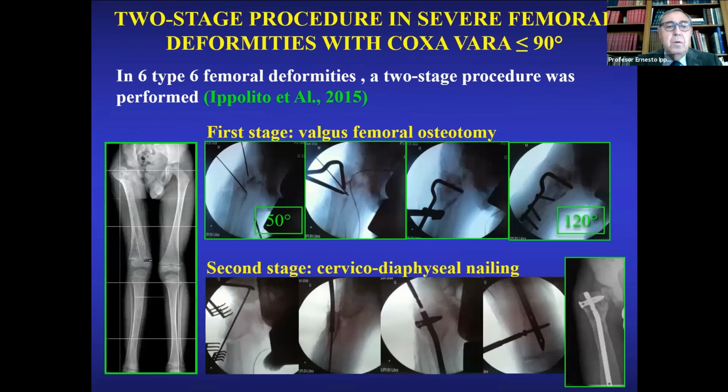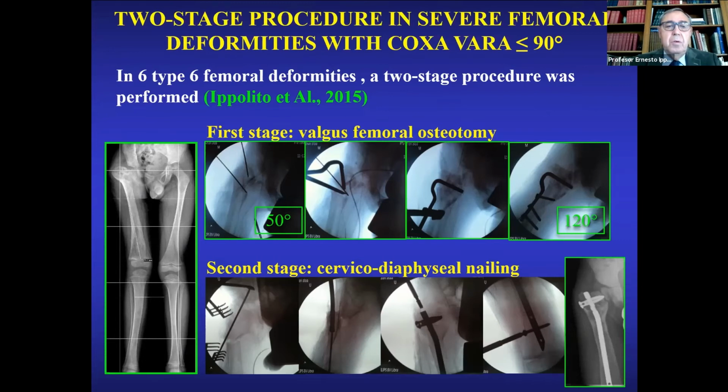We performed a two-stage procedure in 6 type 6 femoral deformities, and you can see here a typical case with a severe coxa vara with a neck shaft angle of 50 degrees. Two K-wires are introduced before starting the operation to orient the position of the blade of the plate and the level of the osteotomy.